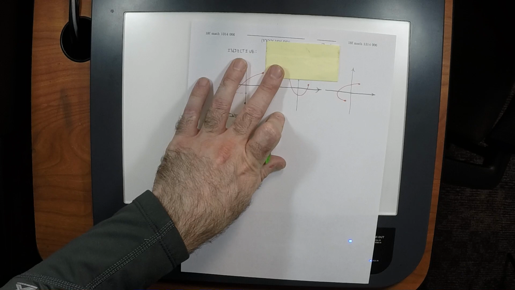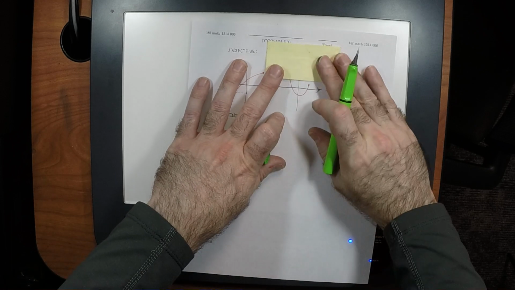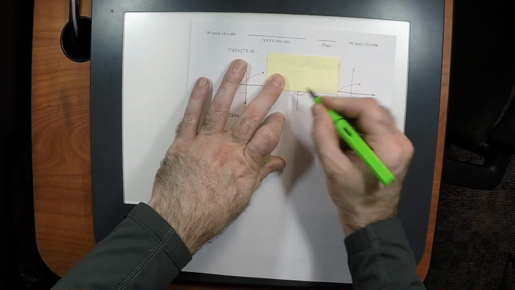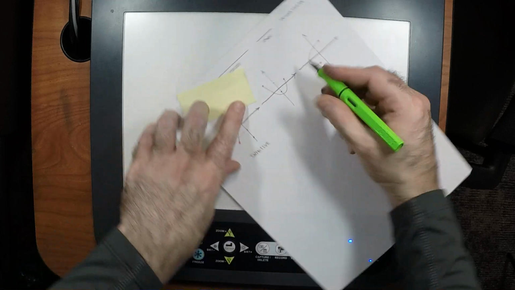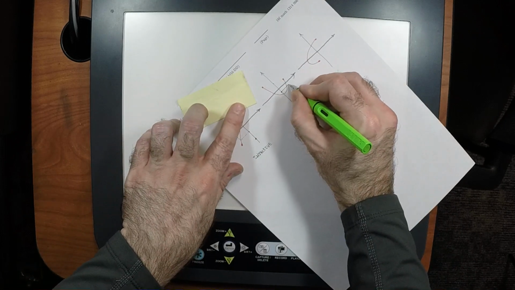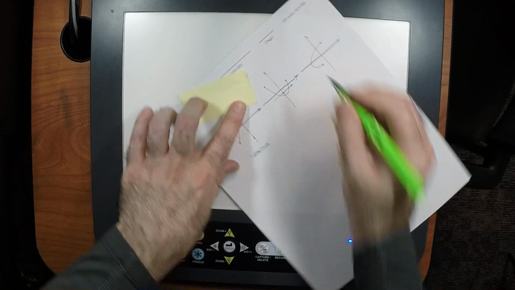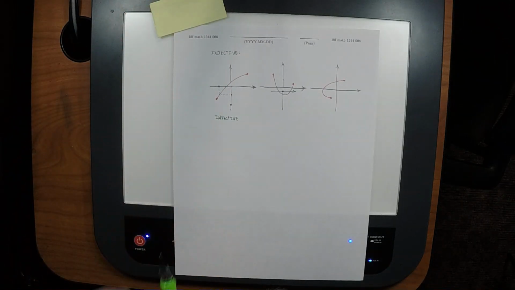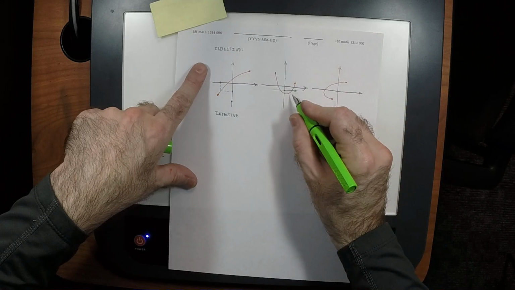No, because we've got a quantifier that says every, right? Every. So, for example, that one. Notice that that point in the range is achievable by 2 inputs. Finally, and this is the one that trips students up all the time. So this is not injective.